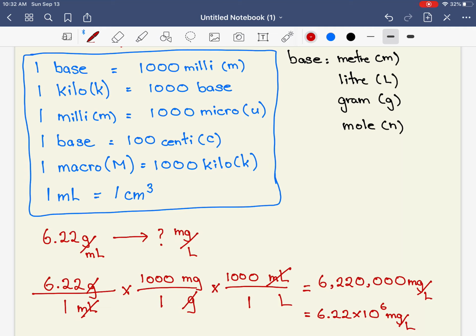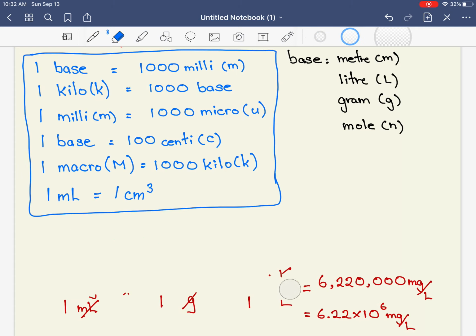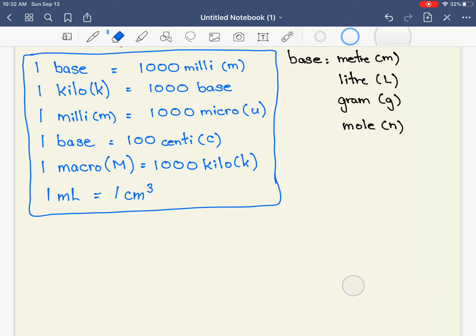All right, let's do one more, and then I have this worksheet for you. Let's clear this up. All right. This is something that you're going to see a lot of later on, okay? We're going to change 0.84 moles per liter. This is known as molarity, okay?